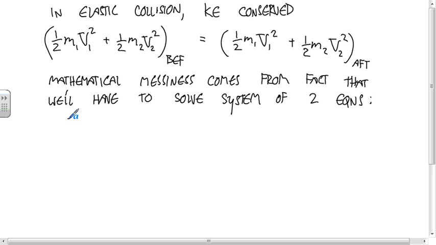Those equations are conservation of linear momentum and then conservation of kinetic energy.